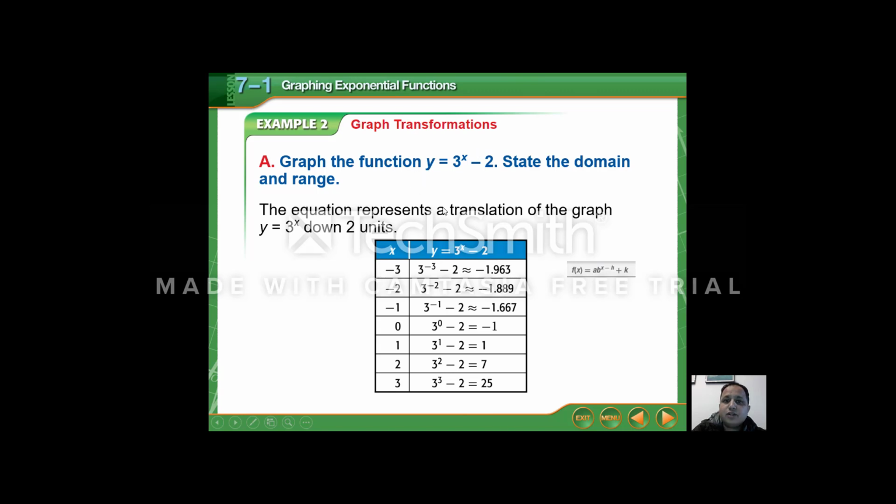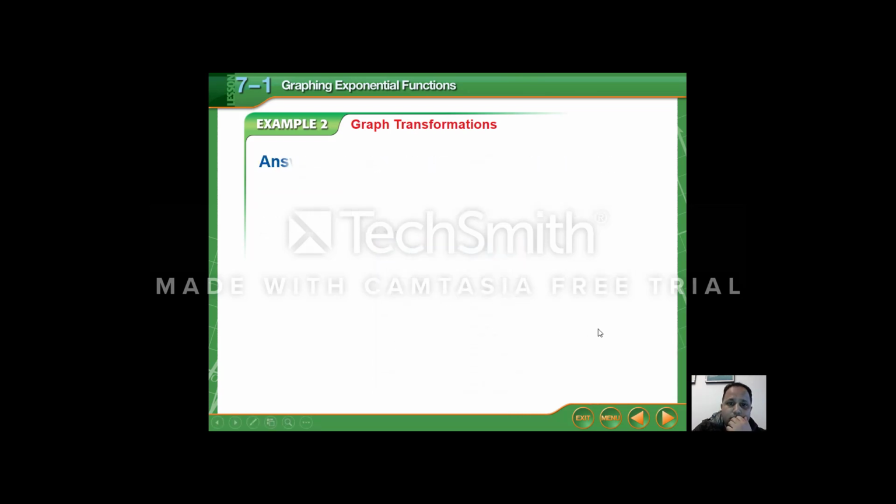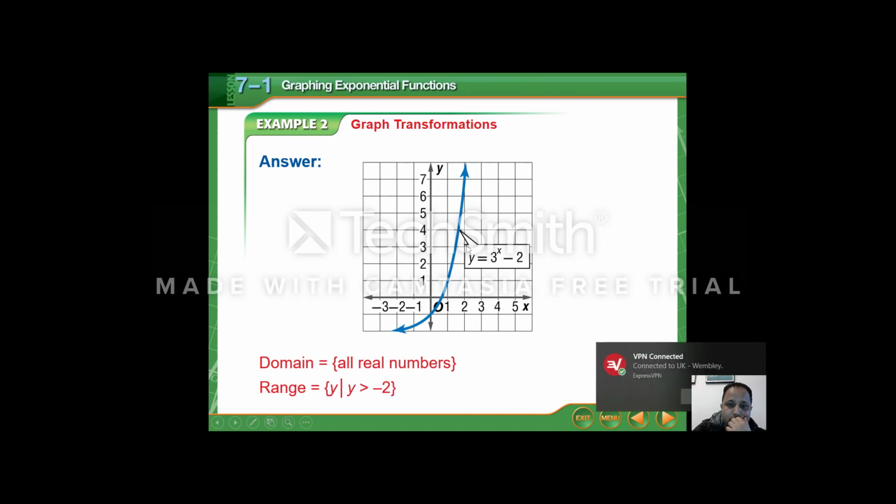In order to graph these functions, you need to plot the values of x and y, and these are the values that we have. You can take your time, use a calculator, and get the values. If you plot the graph, this is how the graph would look. Now -2 will be the asymptote here.